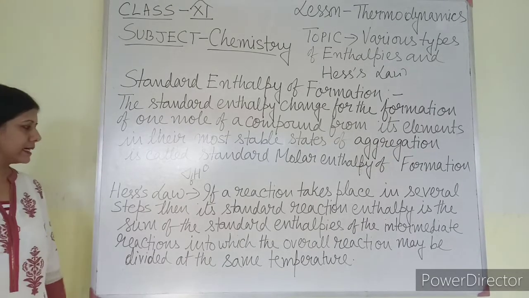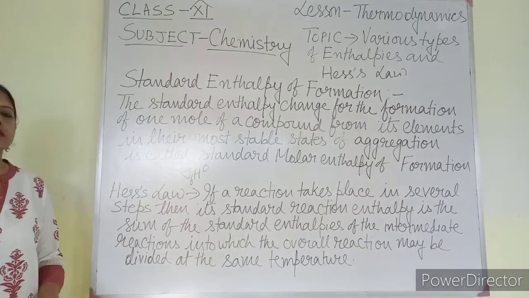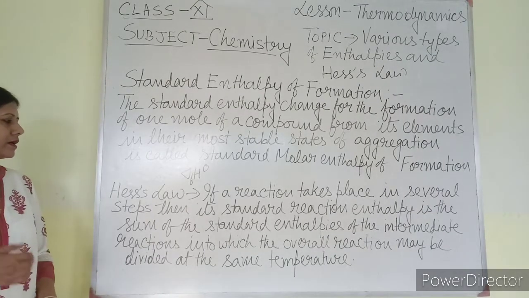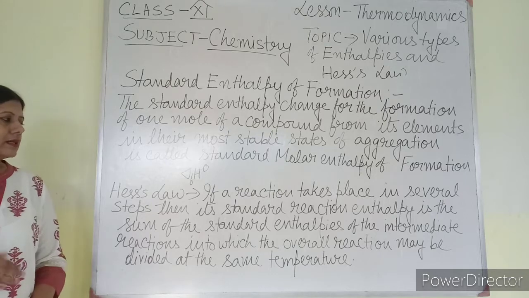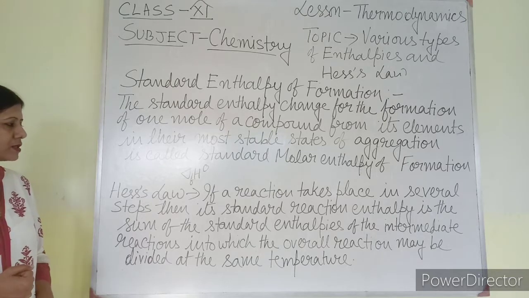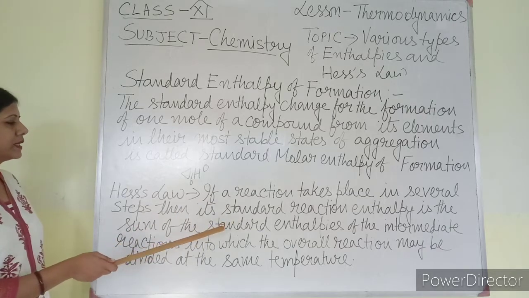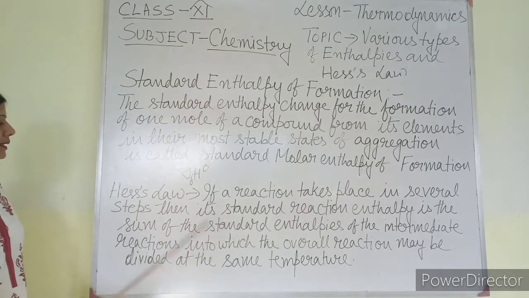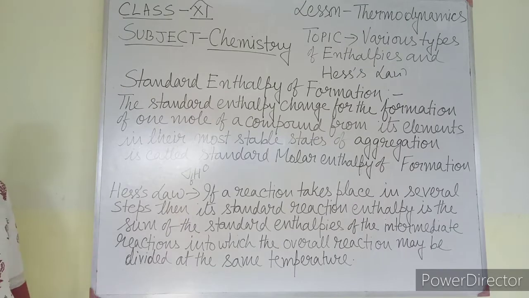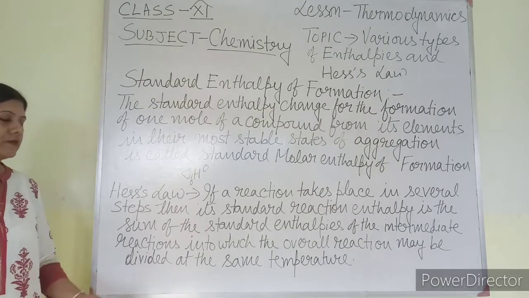So this law states that if a certain reaction is taking place in several steps, then the standard reaction enthalpy is the sum of the standard enthalpies of all intermediate reactions into which the overall reaction may be divided.